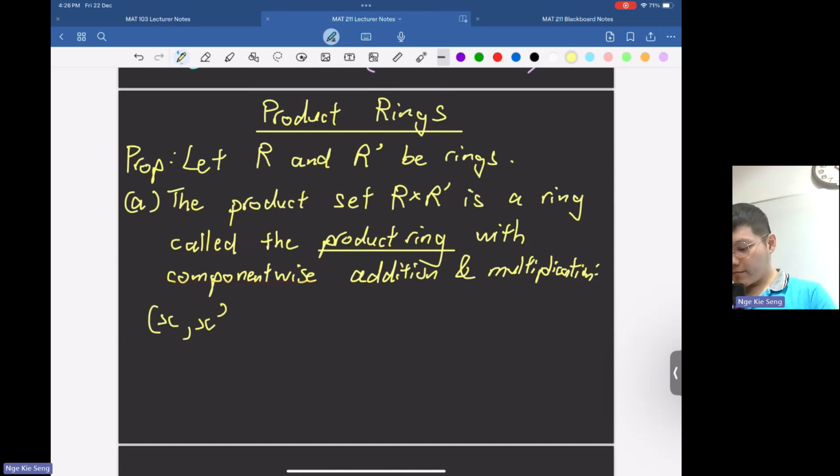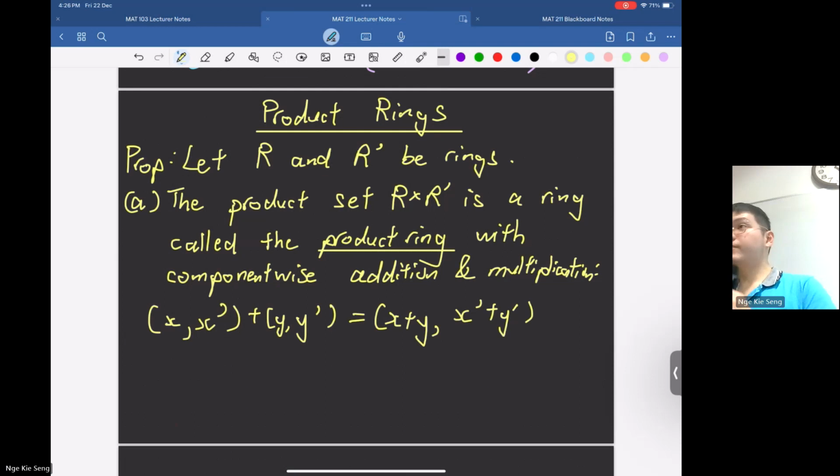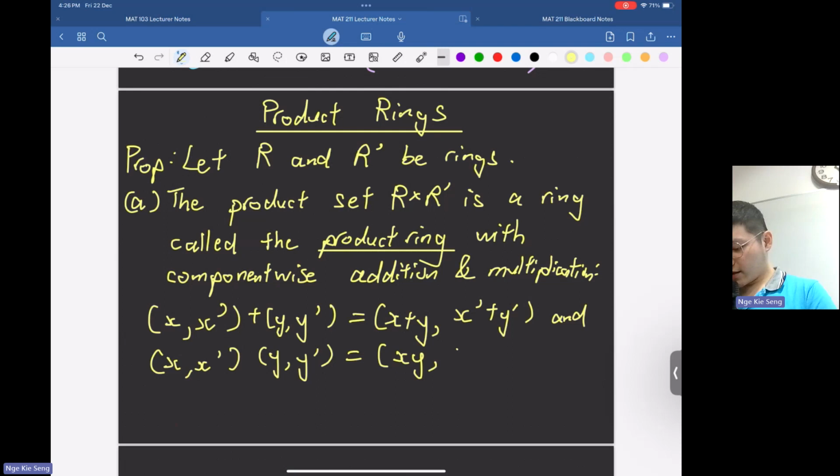If I have (x, x') plus (y, y'), where x and y are from the ring R and x' and y' are from the ring R' respectively, we just add the first coordinates and then add the second coordinates. And to multiply, I just multiply the first components together and then multiply the second components together. This is called componentwise.